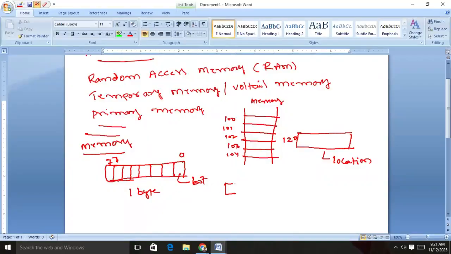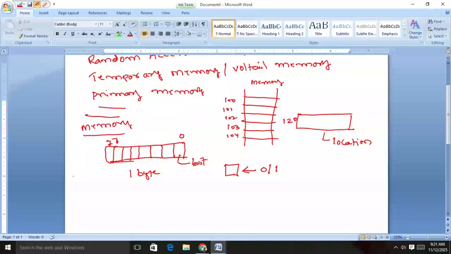So what does a bit consist of? A bit is able to store either a 0 or 1 value. Why do we call it primary memory or volatile memory? Suppose the computer is switched off or there is no power supply, or we simply shut down the computer, the data or information stored in this memory is lost, right?